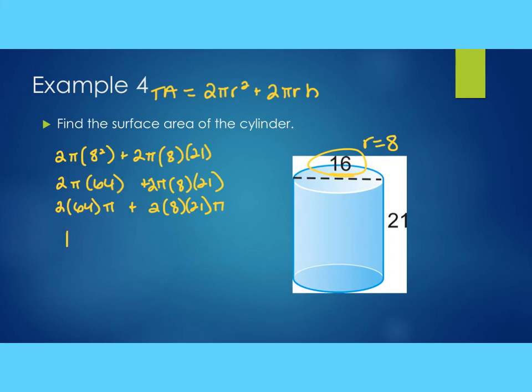2 times 64 is 128 pi plus 2 times 8 times 21, 336 pi, and then they both have pi, so I'm going to add 128 plus 336, and I get 464 pi.